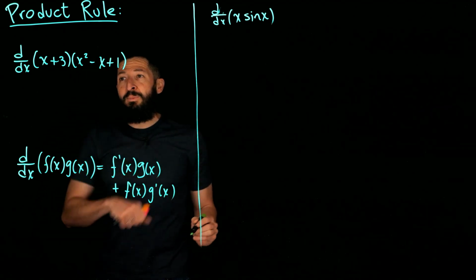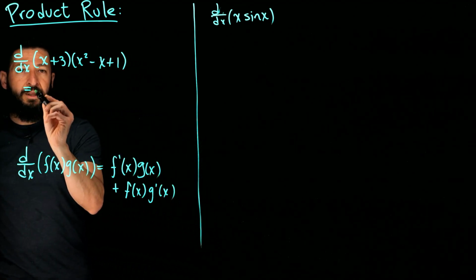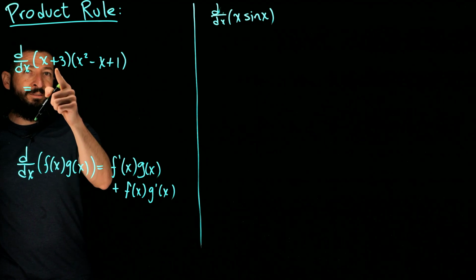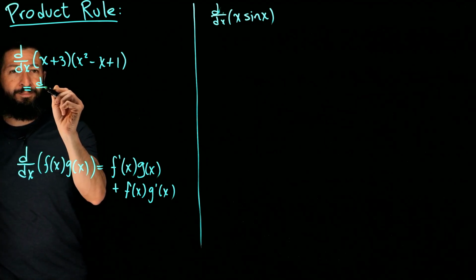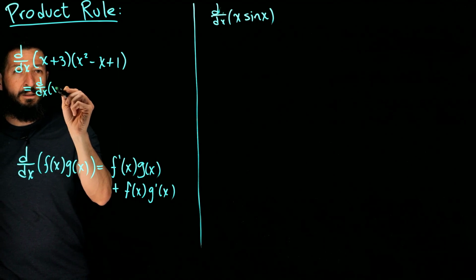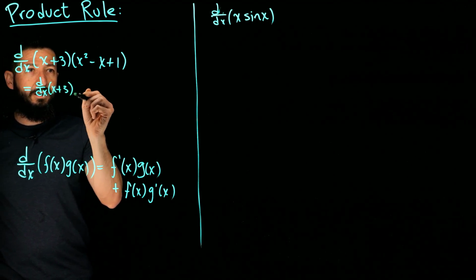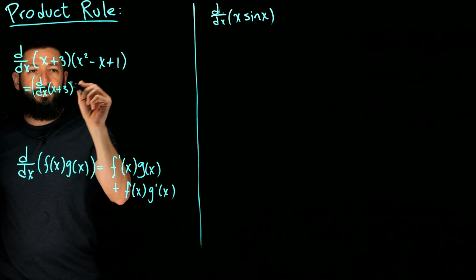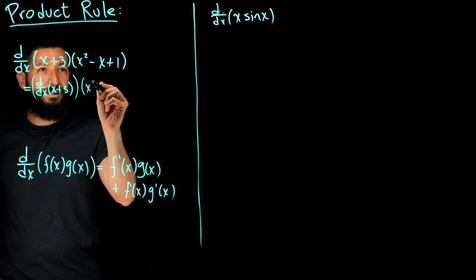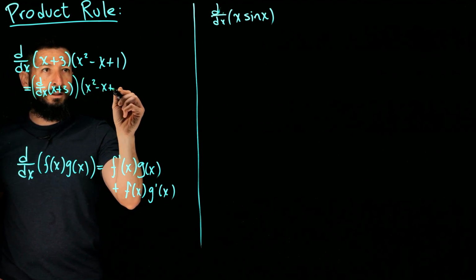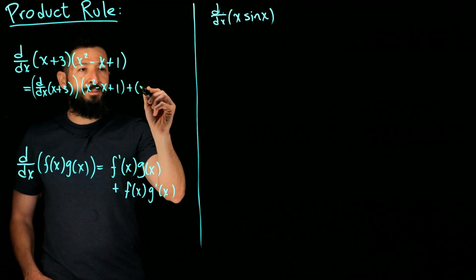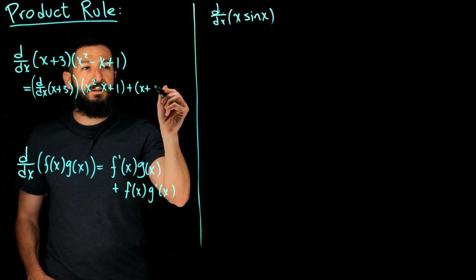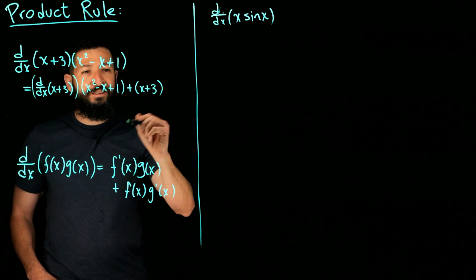So in this example here, I would get the derivative of the first, which is going to be the derivative of x plus 3, times the second, plus copy the first, times the derivative of the second.